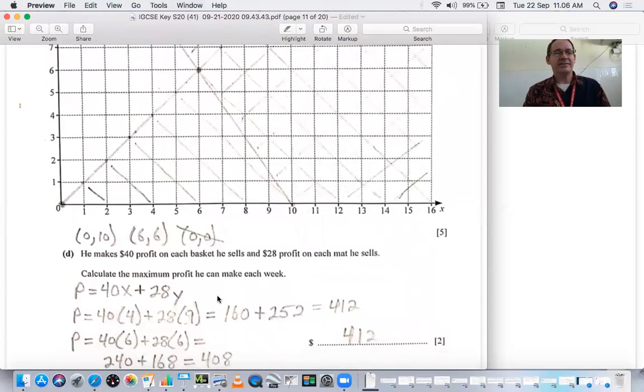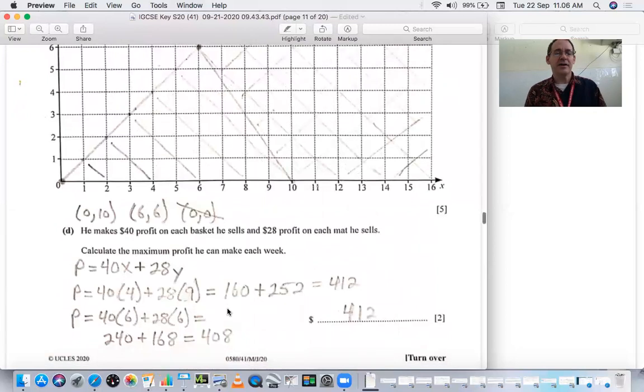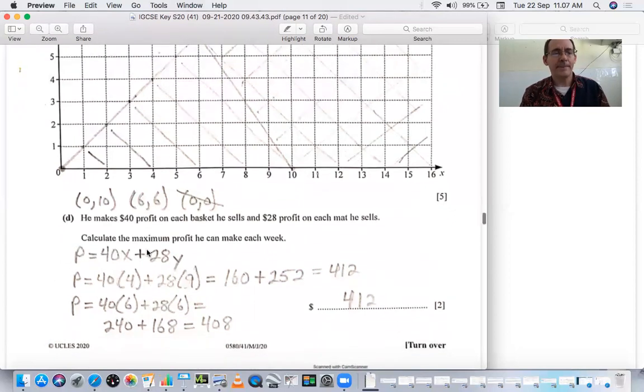Now, it says he makes a profit of $40 on each basket and $28 on each mat that he sells. So this one is our profit formula, 40 times x plus 28 times y. And we want to maximize our profit, our objective here.